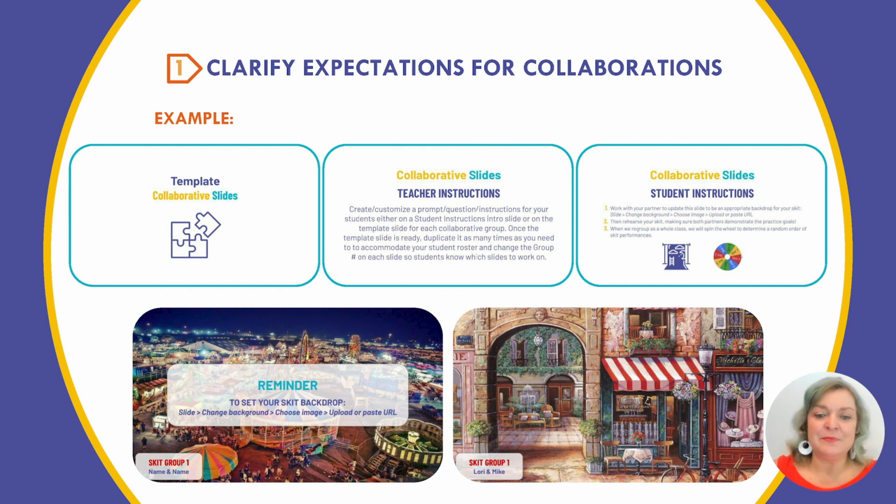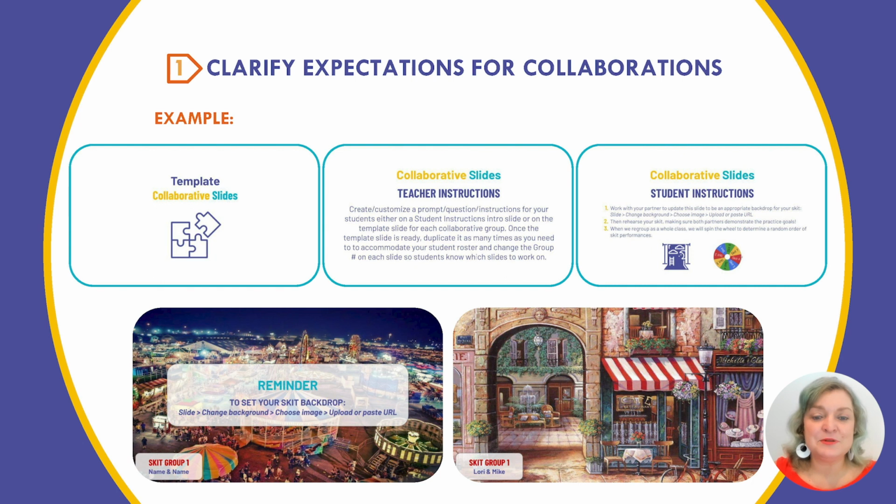In this example, we have perhaps an activity that could be short-term or long-term, maybe having students work on a skit or a dramatic presentation together. And for this, I recommend using a collaborative slide deck to help clarify expectations for students, as well as to provide a framework and guidelines for the collaborative activity that they will be doing with their partner or partners.